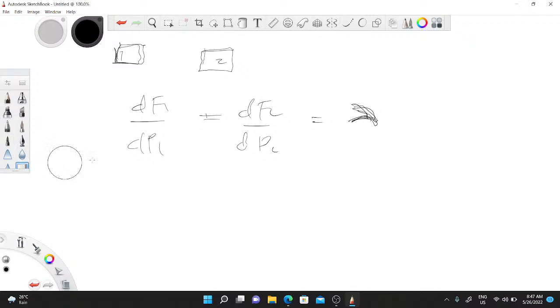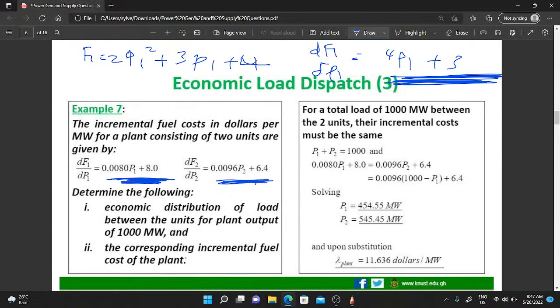Well, let me write it all. So this is equal to lambda. Okay, so we have all these parameters given to us. Now we're supposed to determine the economic distribution of load between the units for a plant output of 1000 megawatts.